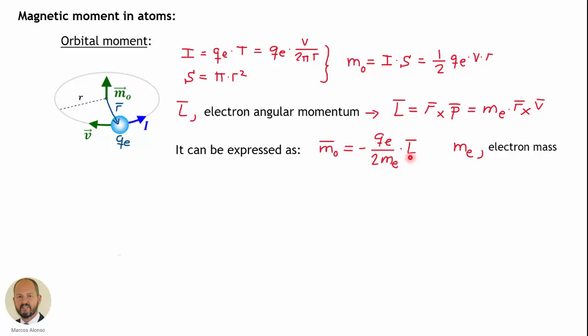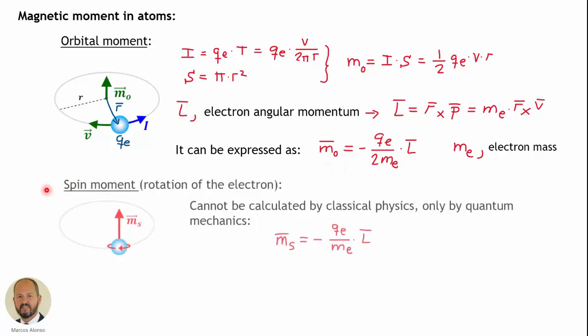And then we have the spin moment, which is due to the rotation of the electron about its own axis, and this is much more difficult to calculate.